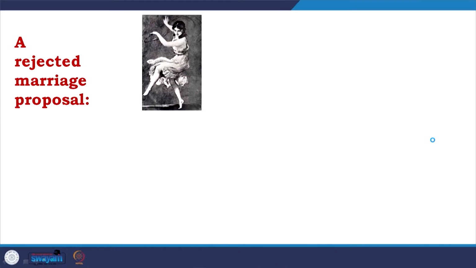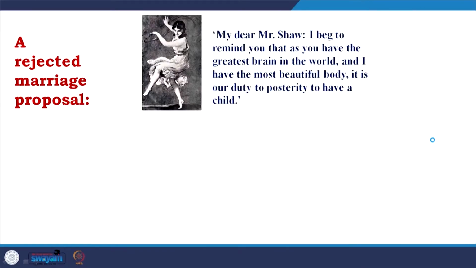There was, in the medieval age, a beautiful dancer, actress, Miss Duncan, who once sent a marriage proposal to George Bernard Shaw, considered at that time one of the most intellectual persons, novelist, actor, director.